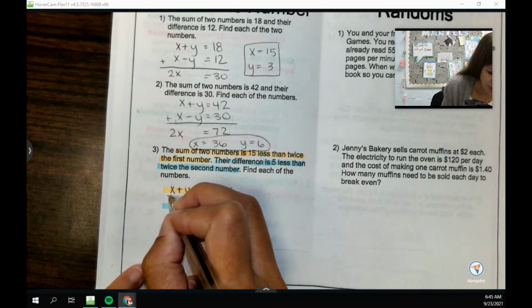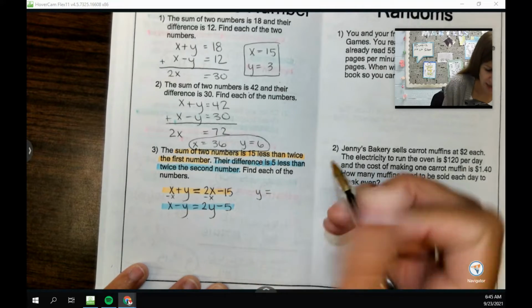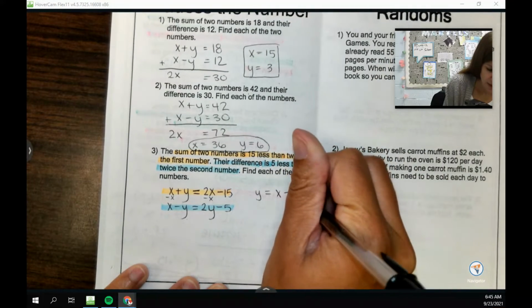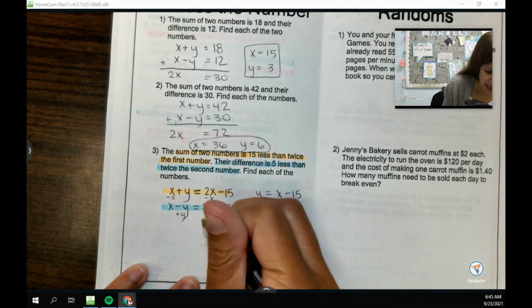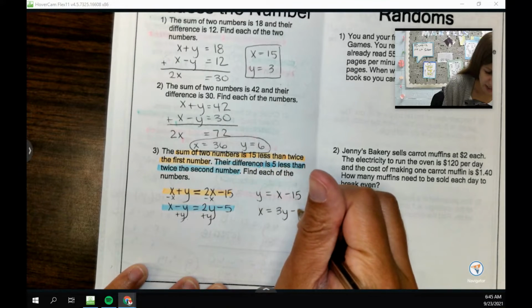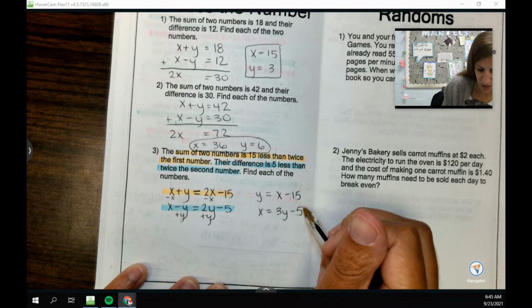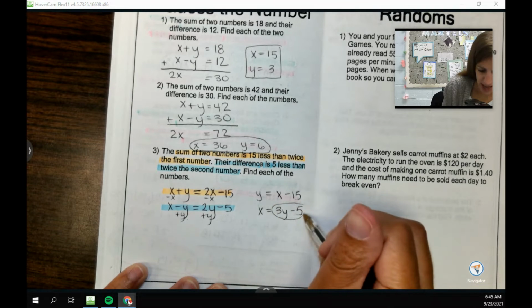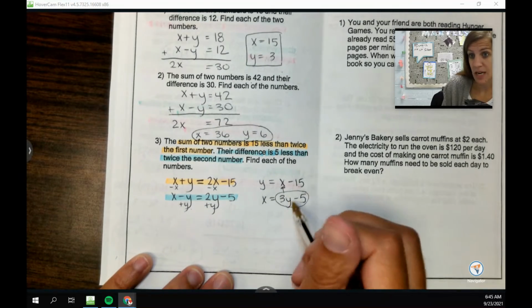However, we have x's and y's over here that are kind of goofing the things up. So I think on this top equation, I'm going to subtract this x over to adjust this equation. So we have y equals 1x minus 15. And over here, it feels nicer to kind of add the y. So x equals 3y minus 5. And so what I can do now is in place of x in that top equation, I can replace what it equals.